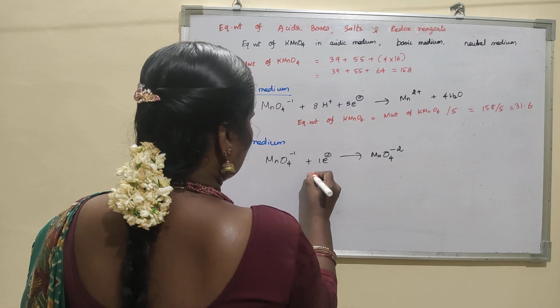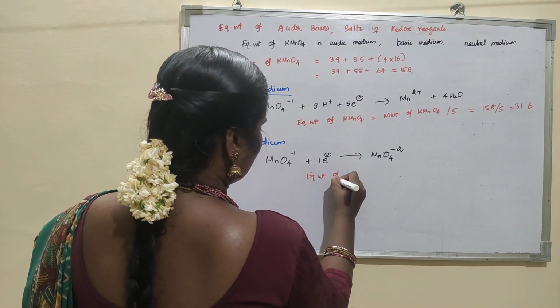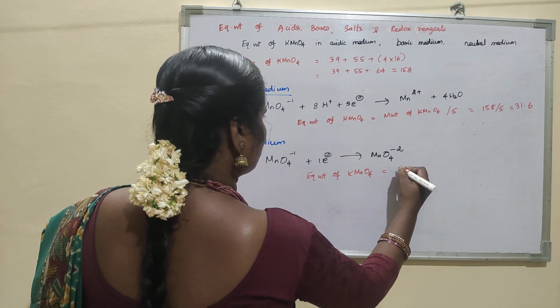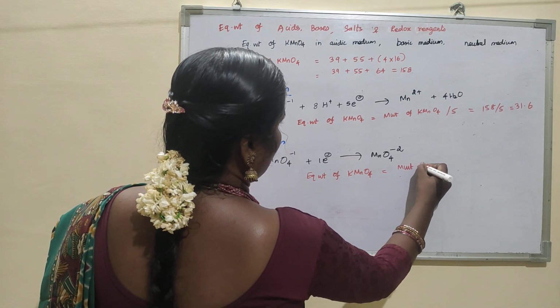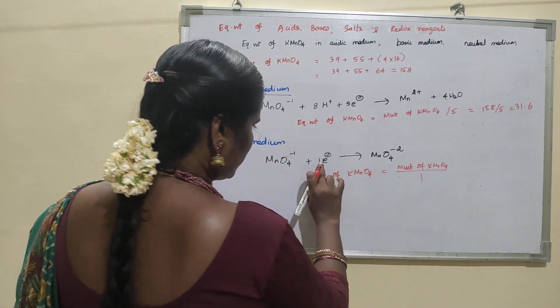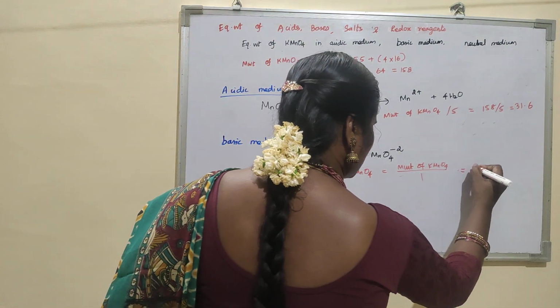So the equivalent weight of KMnO4 in presence of strong alkaline medium or strong base medium is molecular weight of KMnO4 divided by only one electron transferred, so it's 158.